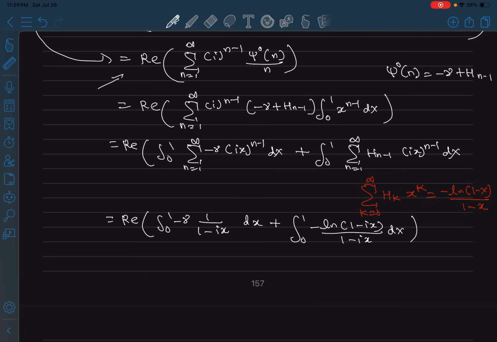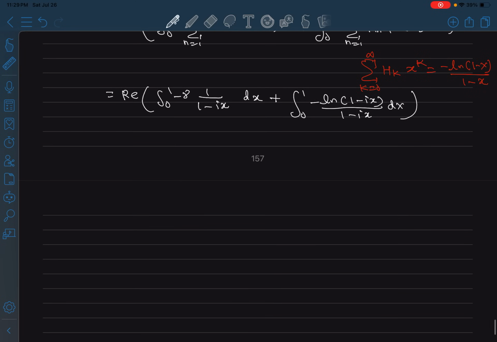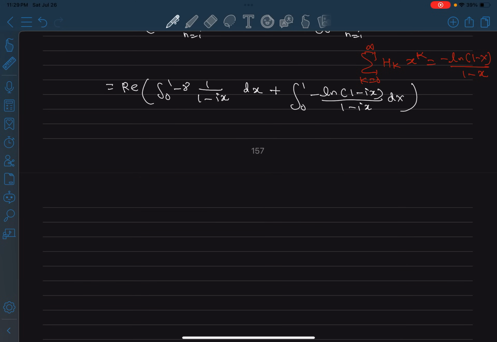Now I'll just take the real part first. Let me rationalize this and take the real part, so that I just have to integrate the real part and not the whole thing. So this becomes (1 plus ix) over (1 plus x squared) dx. And now for this one, for the log, let me write the minus sign in front.